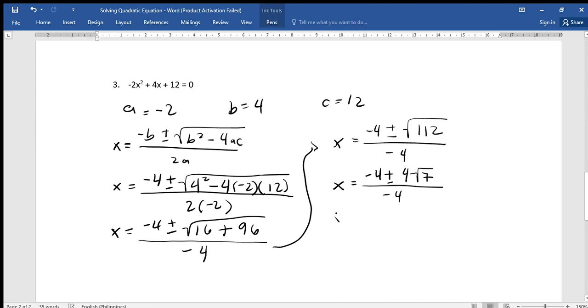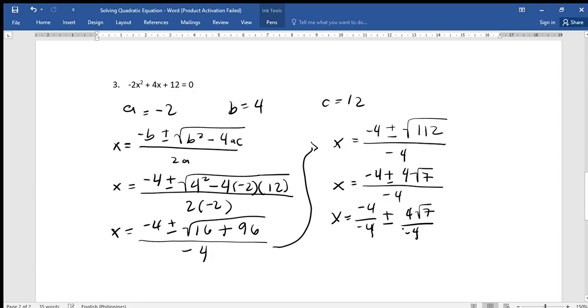Pag hiwalay natin, x is equal to negative 4 over negative 4 plus minus 4 square root of 7 over negative 4.